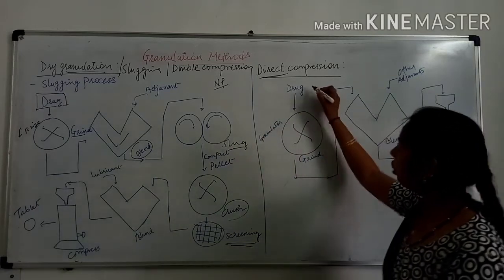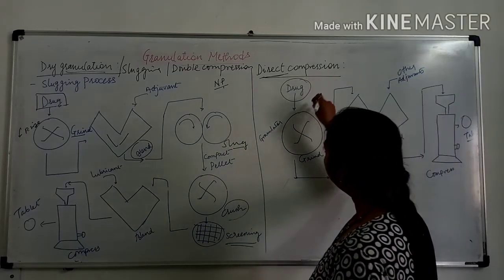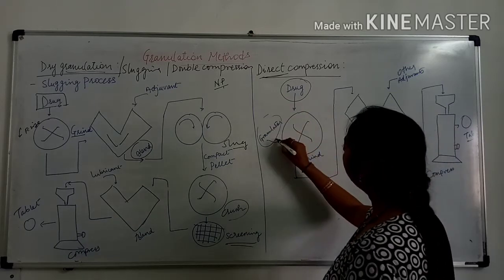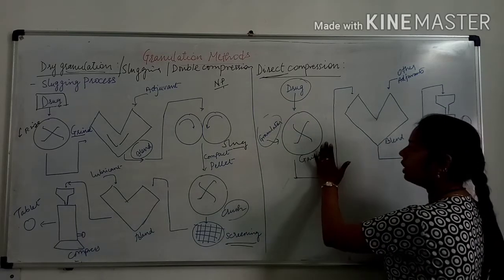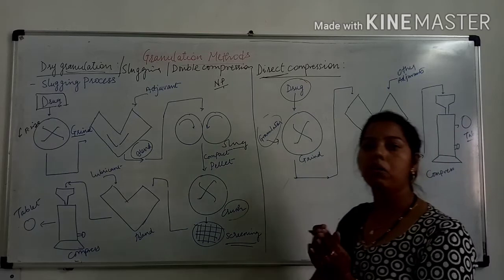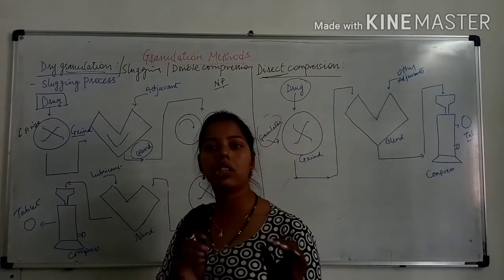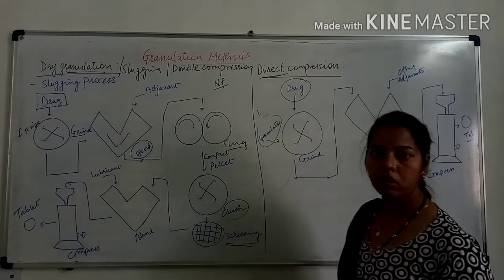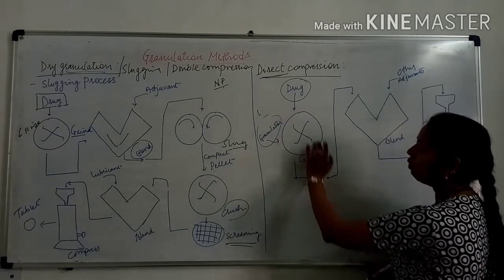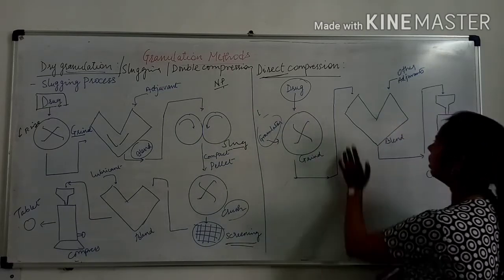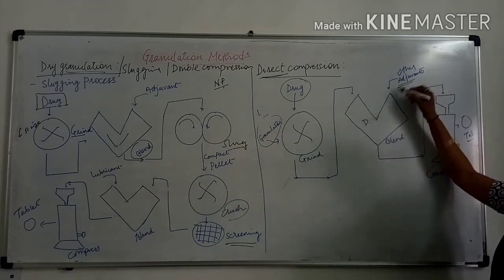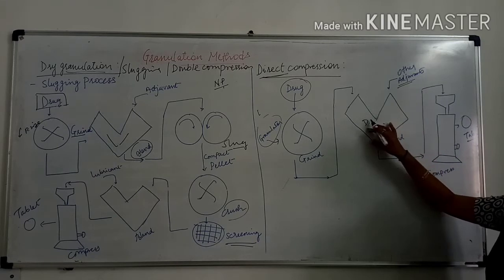So we take the drug, or we mix all the content in the grinder, or the content which has large particle size or lumps. First of all we grind the drug. After that, along with the drug, we mix all the additives in the blender.